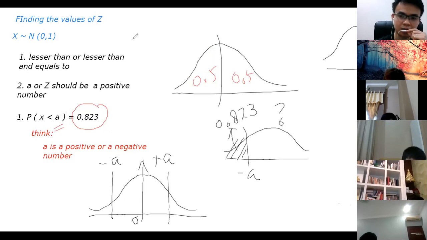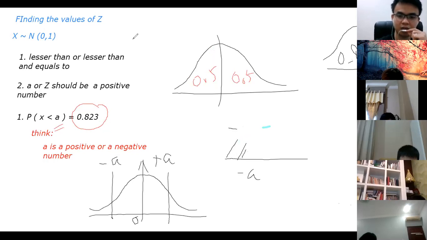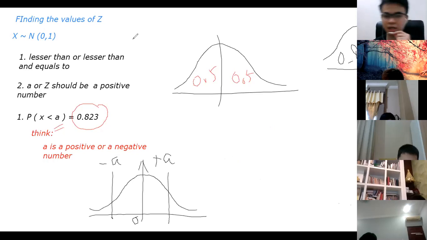This one makes more sense. So it's not possible for a to be negative, so a has to be positive. We cannot continue to the next step until we have decided whether a is positive or negative.